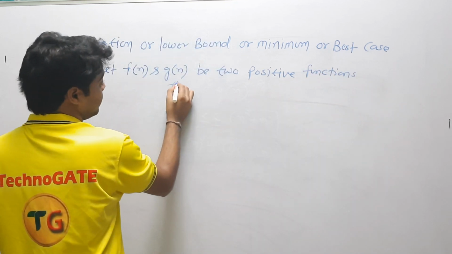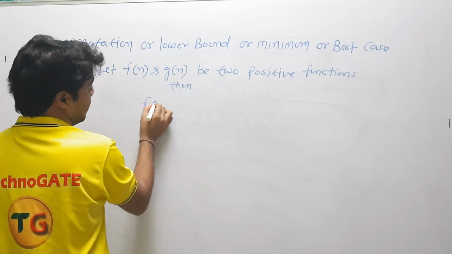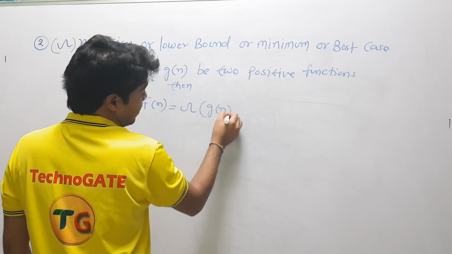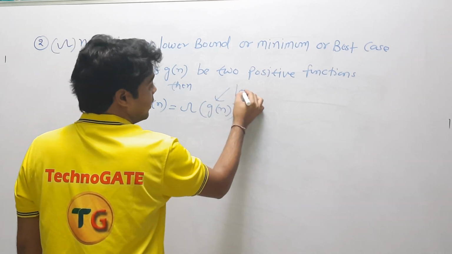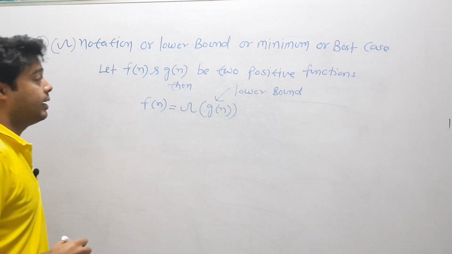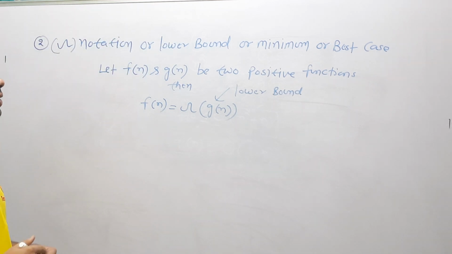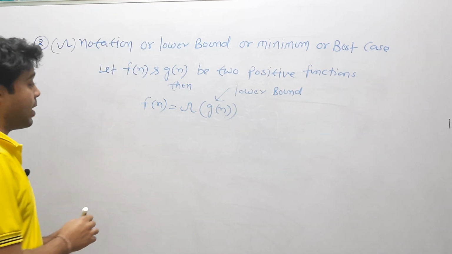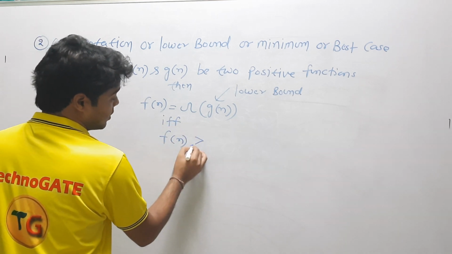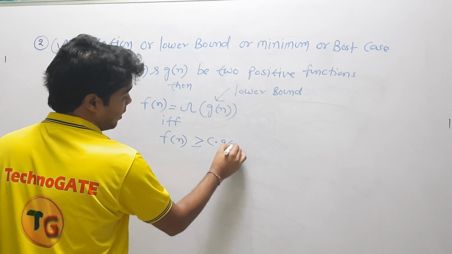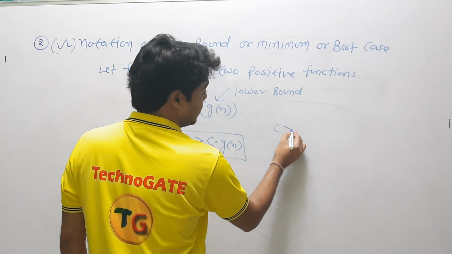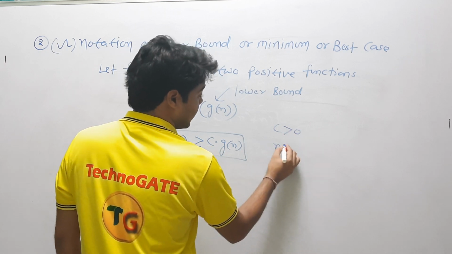Then Fn is omega of Gn, meaning Gn must be a lower bound, if and only if Fn is greater than or equal to C dot Gn, where C is greater than 0 and n is greater than or equal to n naught.